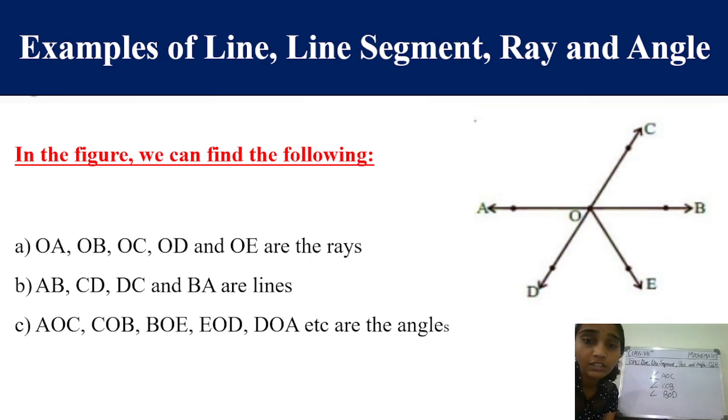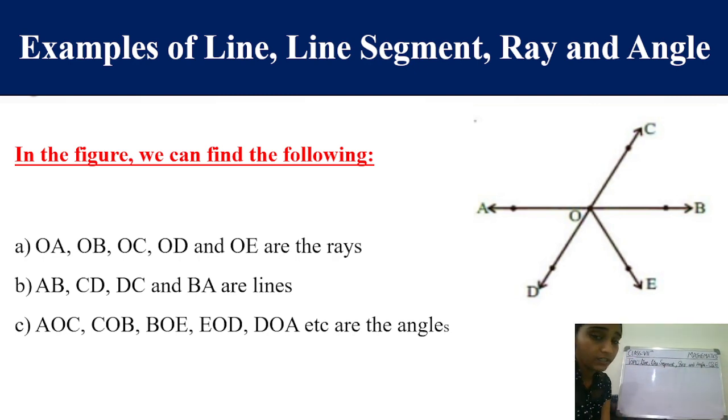Yes. And now just look at AOE. Is it forming an angle? Yes. If we hide OD, we can say that AOE is also forming an angle. So, students, we can find many angles which are hidden in this figure. And what about the common vertex, students? If I ask you about the angle COB, which is the vertex?